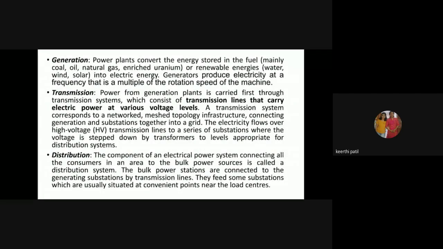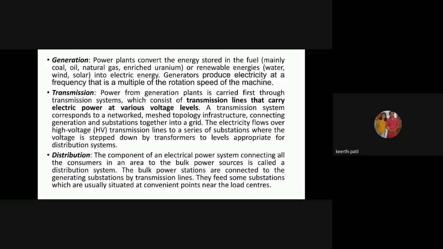Transmission means what? To transmit that generated power to our terminals. So when power is generated in any power plant, long distance transmission lines transmit that electric power. Now how do they transmit, and why is such a long distance necessary?